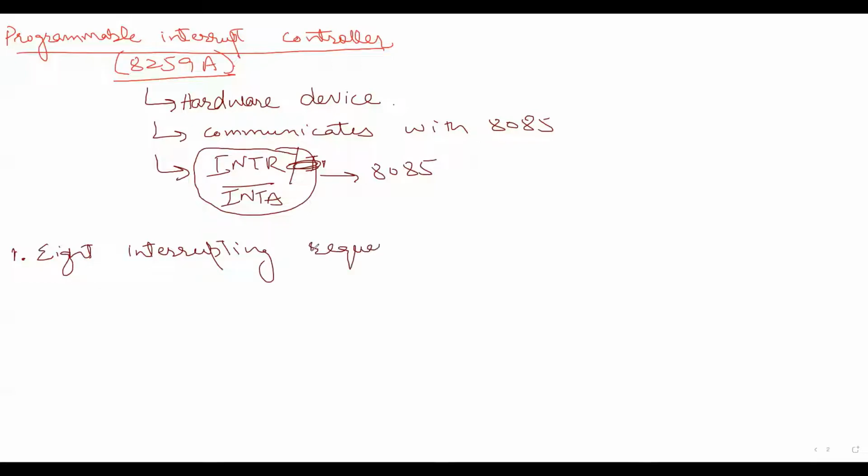Using INTR of 8085, we can manage only one request at a time. But if we use the programmable interrupt controller 8259A, we can take care of 8 interrupting requests. That means 8 interrupting devices can send IO interrupts.